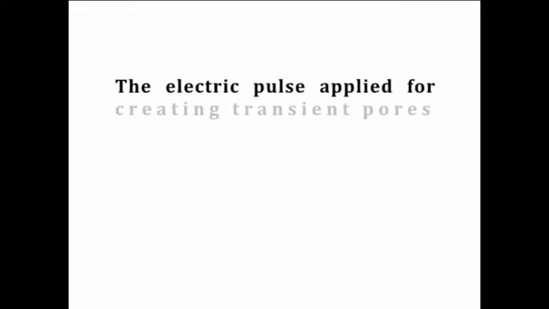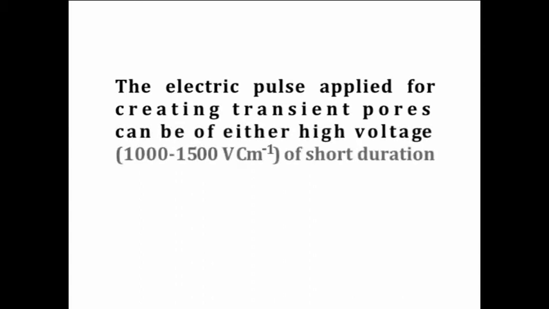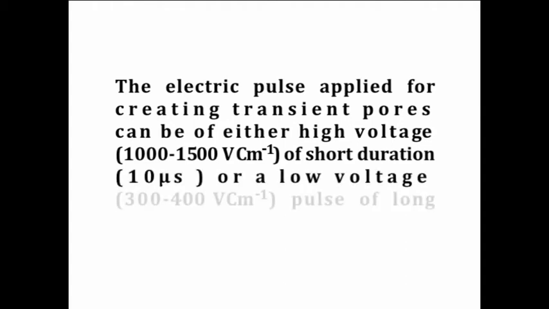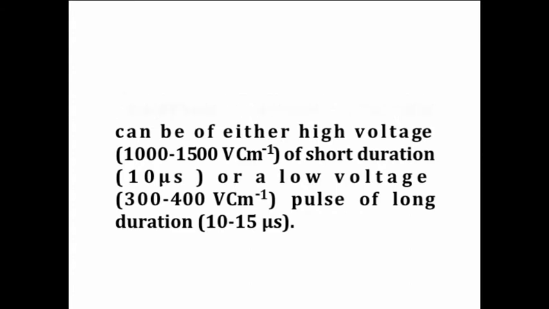The electric pulse applied for creating transient pores can be of either high voltage of 1000 to 1500 volt per centimeter, of short duration of 10 microseconds, or a low voltage of 300 to 400 volt per centimeter pulse of long duration of 10 to 15 milliseconds.